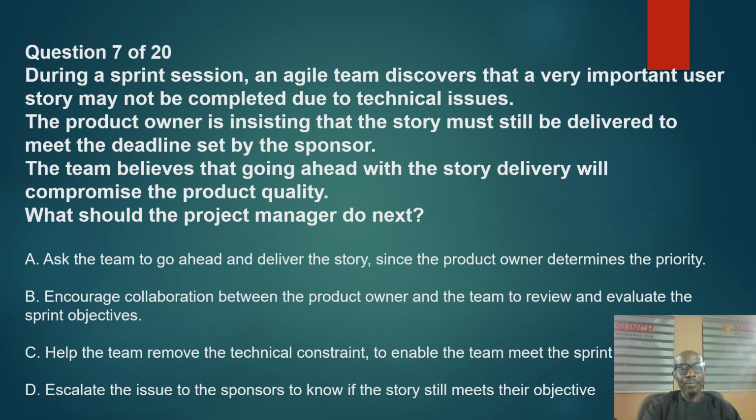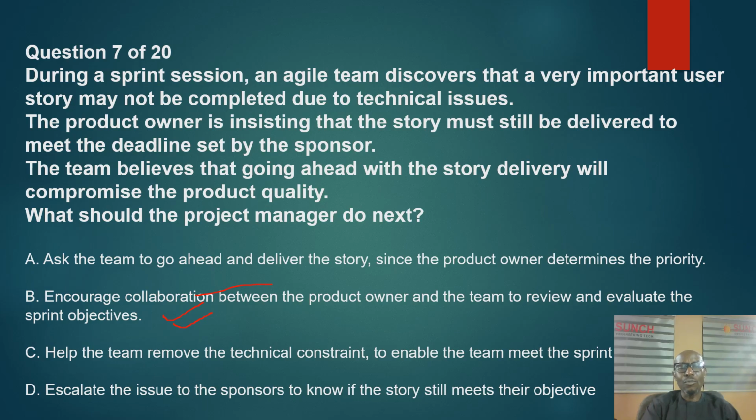Okay, let's look at B again. Encourage collaboration between the product owner and the team to review and evaluate the sprint objectives. That is the correct thing to do.